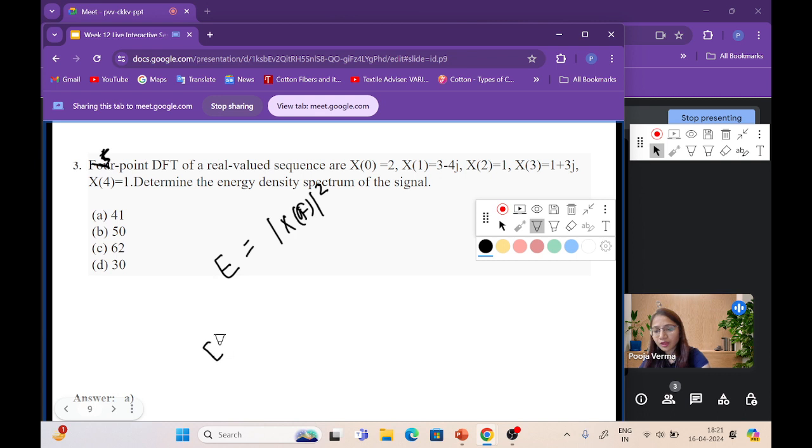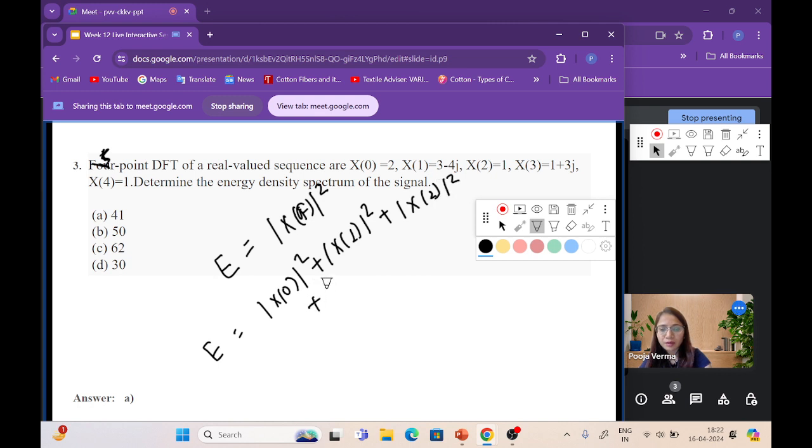Okay, so now we need to calculate the summation of all these values, that is mod x of 0 square plus mod x of 1 square plus mod x of 2 square plus mod x of 3 square plus mod x of 4 square.